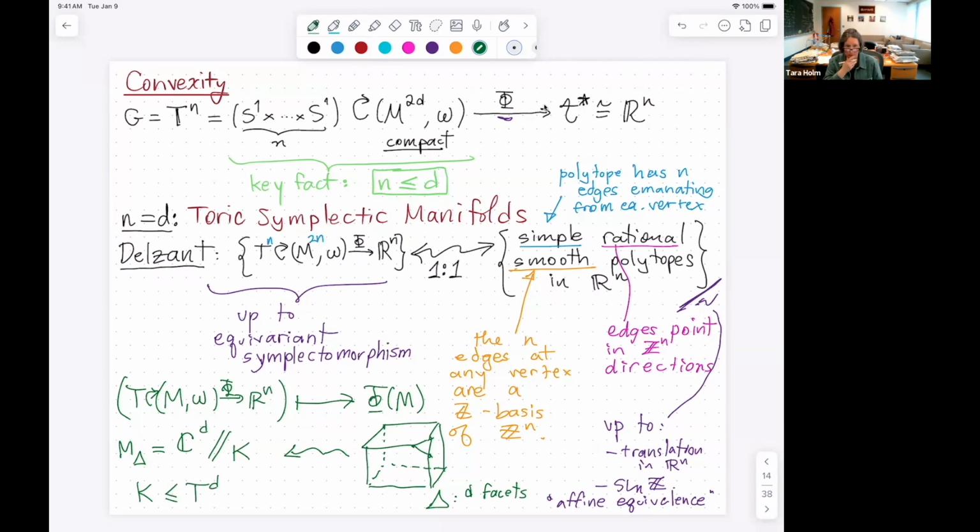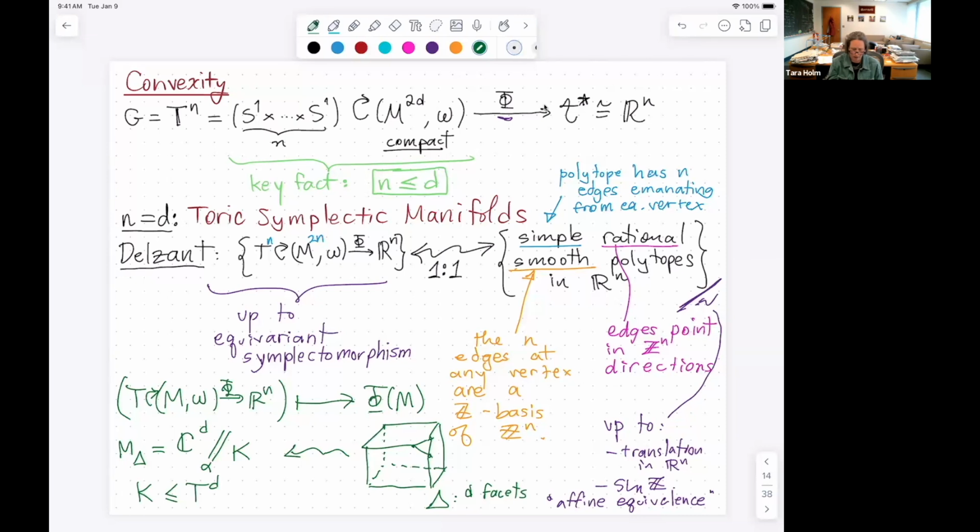So the complex vector space has d circles acting by coordinate-wise multiplication, and the combinatorics of the polytope tells me how to cut out an abelian subgroup to use to take a symplectic reduction, and I should be careful at some value alpha by K.